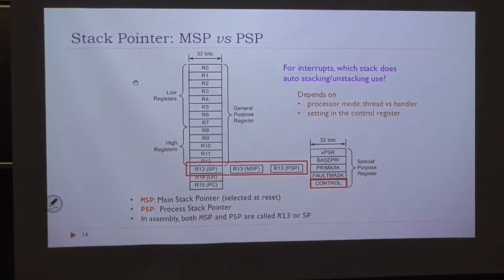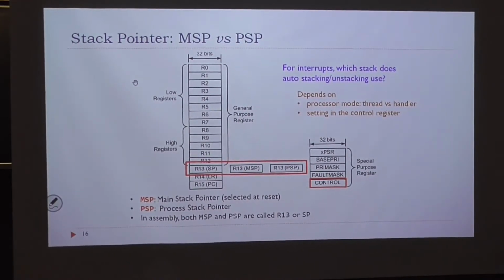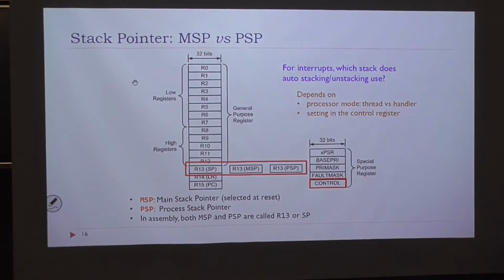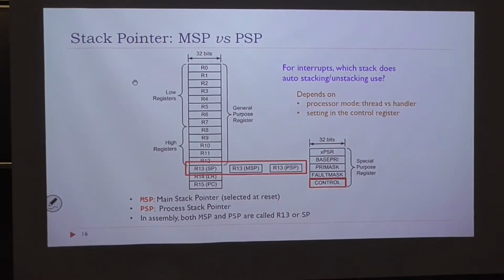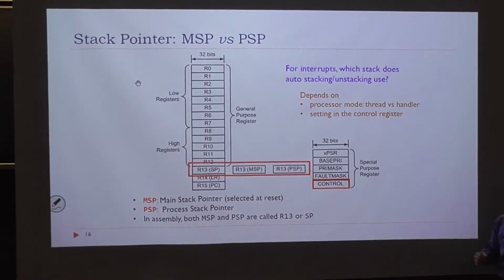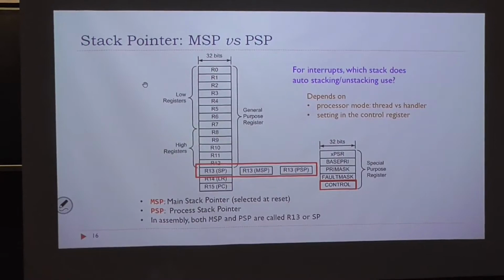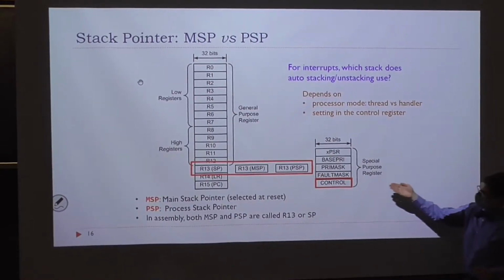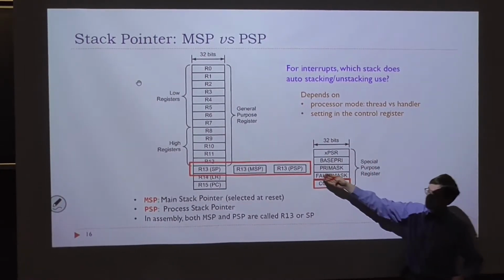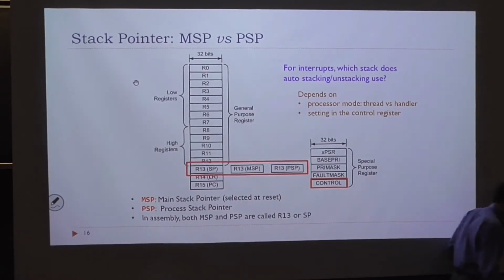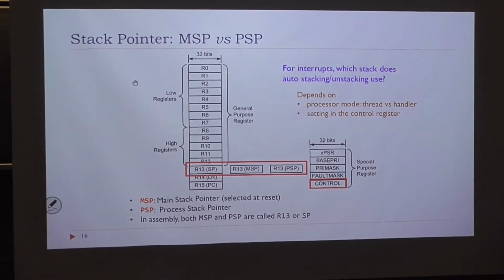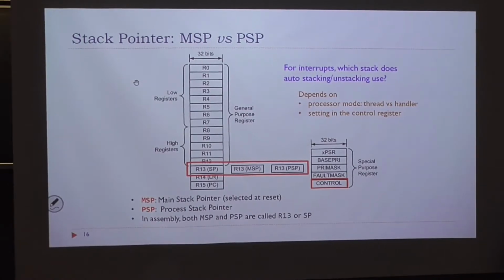Your processor needs to know whether it's in MSP mode or PSP mode, because it needs to know which stack it's stacking things on, right? So there's a control bit in the special purpose register of the CPU that tells the program which mode it's in.